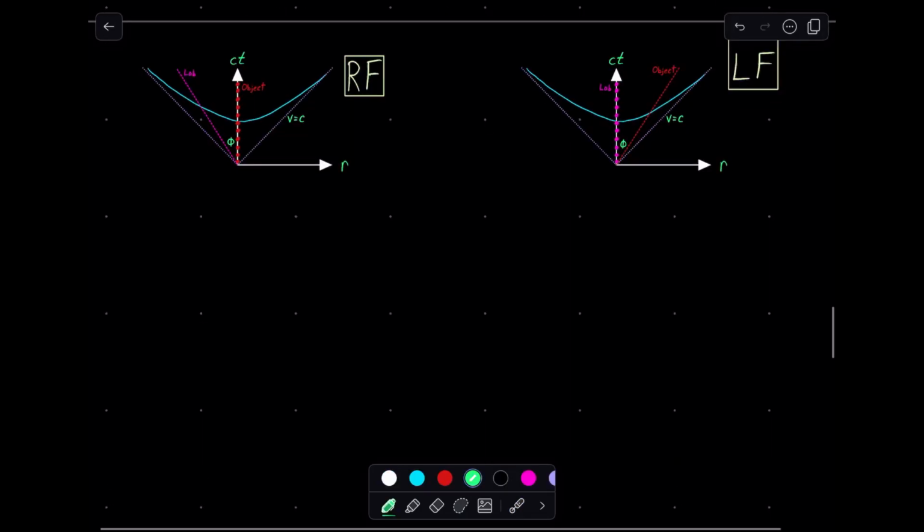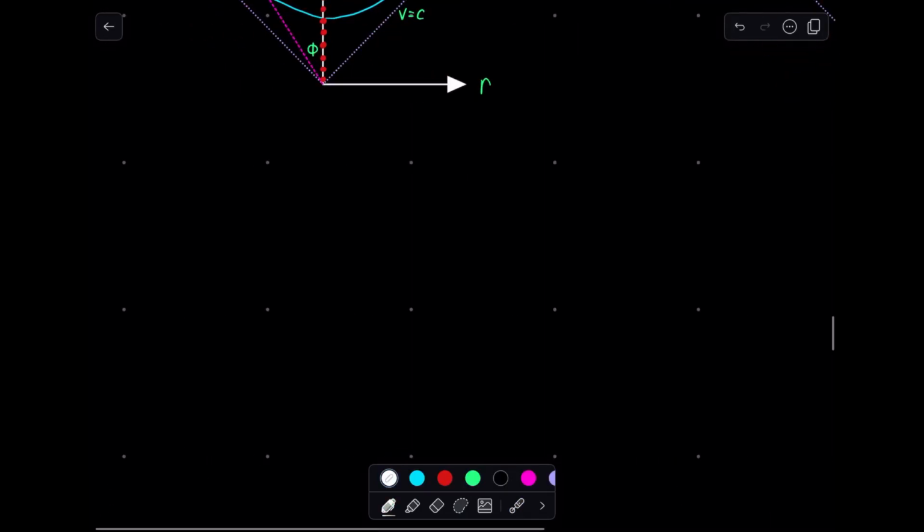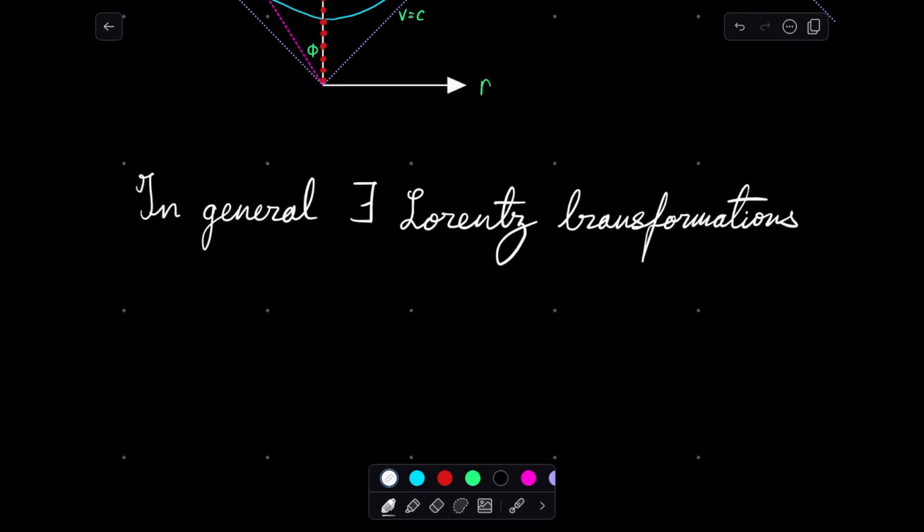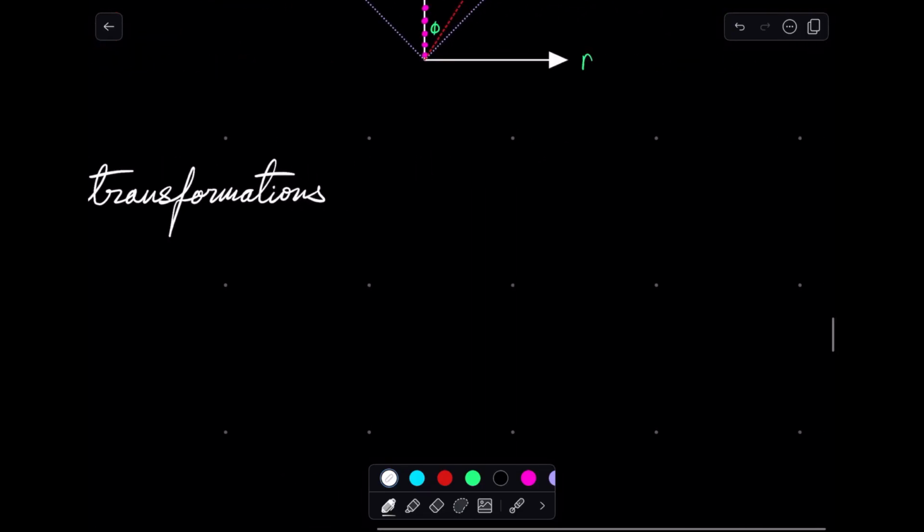But one thing to note just before we move on is that in general there exist things called Lorentz transformations. And these Lorentz transformations are defined as lambda equals e to the negative 1/2 omega t, times an initial Lorentz rotor.